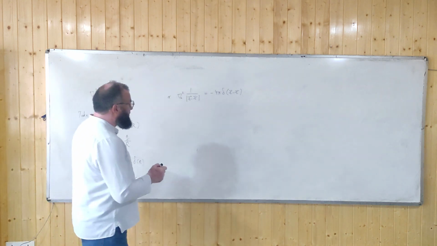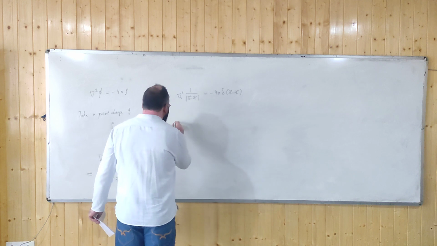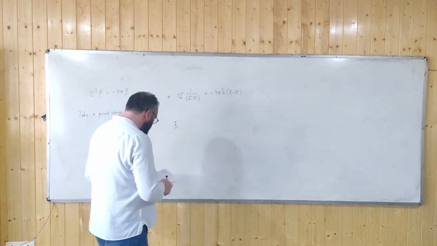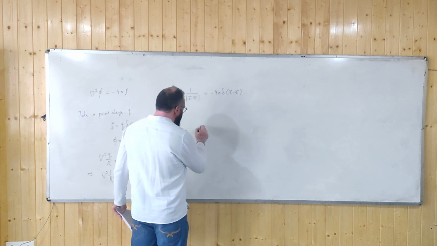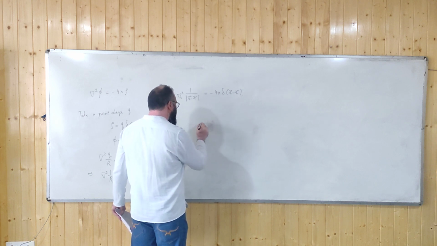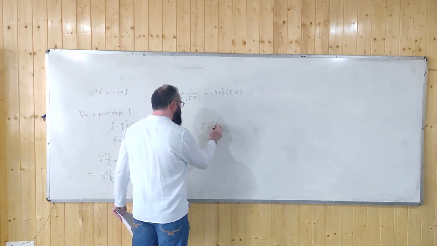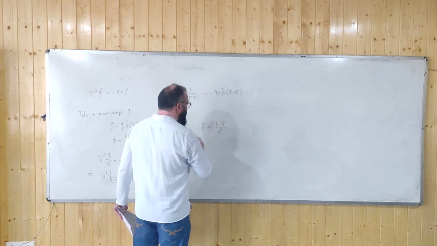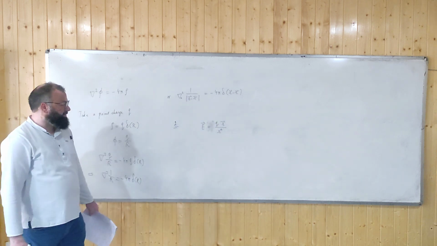Okay, so let's take an example. Let's take the second example. I have an electric field due to some charge distribution. It is given by E = Q r-vector divided by r raised to the power A, where A is a real constant.